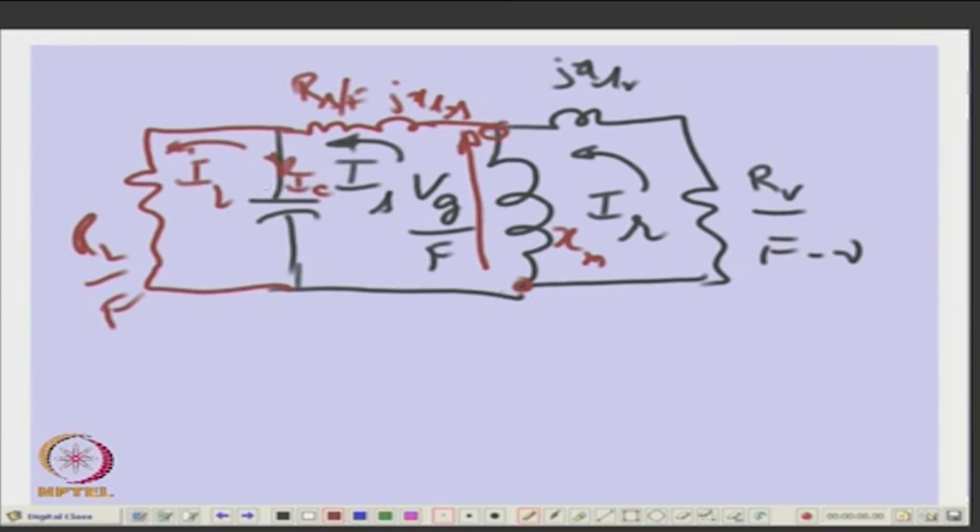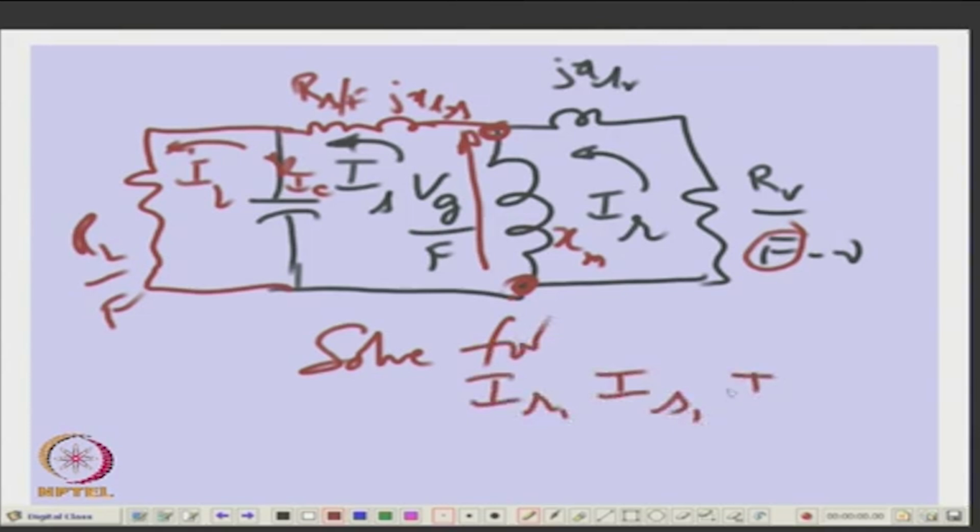Now, with this potential Vg by F known, and you know Xm, you know F also, you can solve for all quantities, isn't it? Solve for IR, solve for IS, solve for IC, solve for IL. Is it clear?